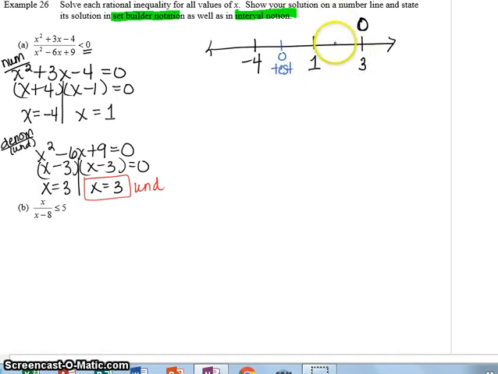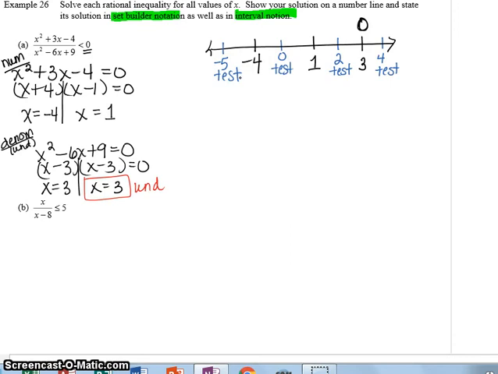Don't say only 2. 2 makes sense to test, but don't forget you can also use 1.5, 1.25, 1.75, or 2.5, but whole numbers work better. On this side you could test 4, and then 1 to the left of this, you could test negative 5. Lots of test values.